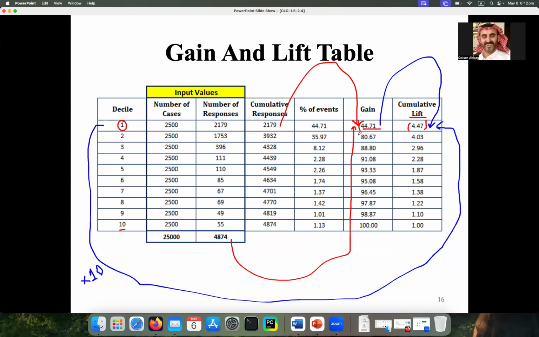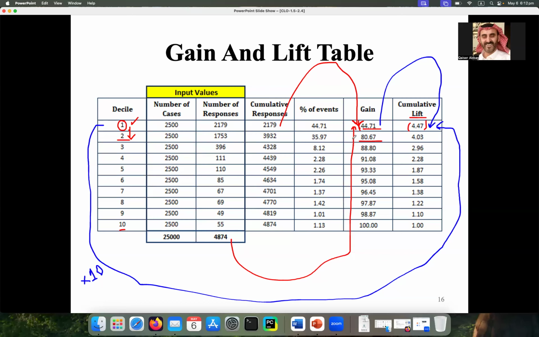Similarly, this value 80 divided by 20, you don't divide it by 10 here; now it will become 20. This is the only difference you have to take care of. For 44, you have to divide by 10 because it is the first decile.